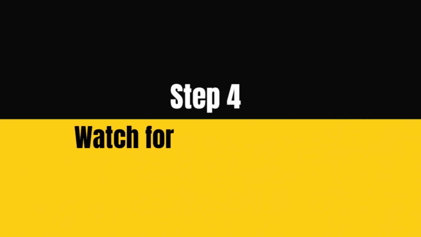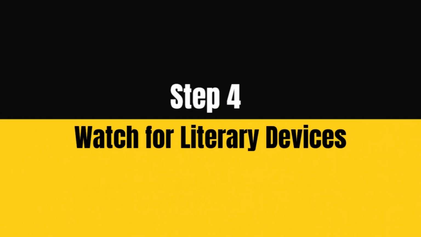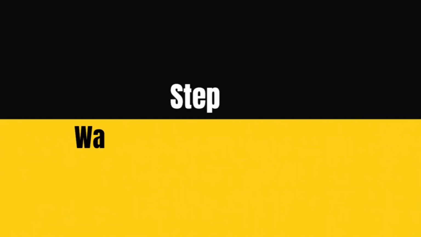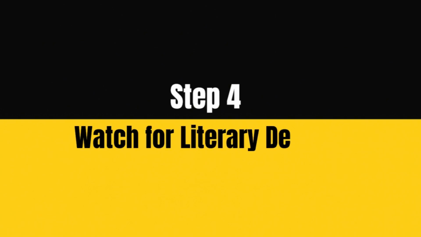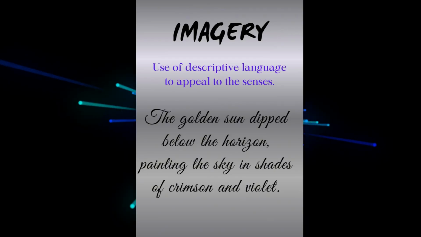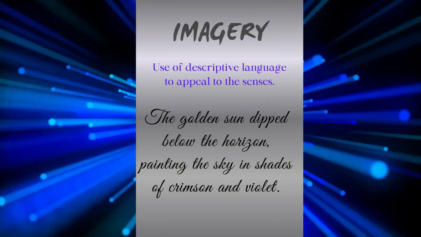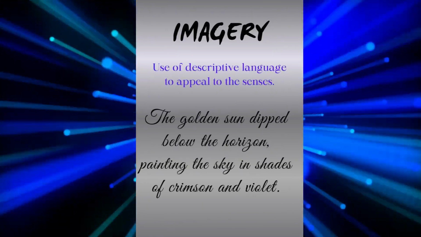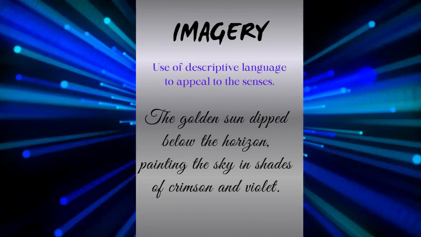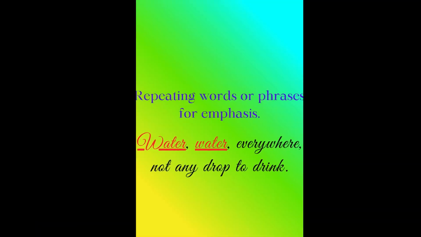Step number 4. Watch for literary devices. This is poetry special. In poetry, tone is often hidden in literary devices. Look for example, if the literary device is imagery, it creates mood and it could be peaceful or gloomy.